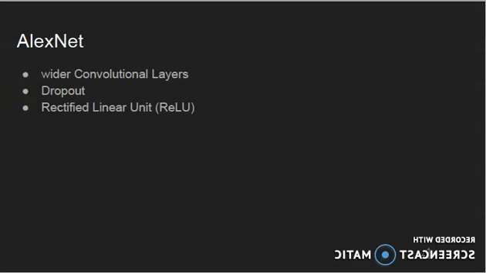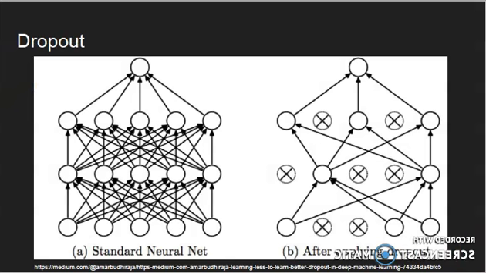So there are also many different advancements. For example, AlexNet, which introduced convolutional layers and dropout for avoiding overfitting, and a new activation function, rectified linear units. Dropout is about removing some neurons randomly in some iterations.